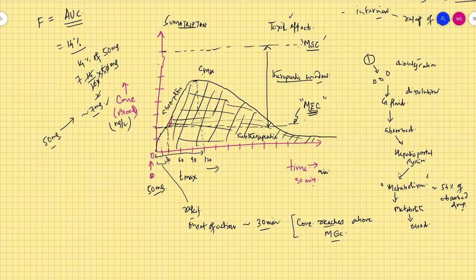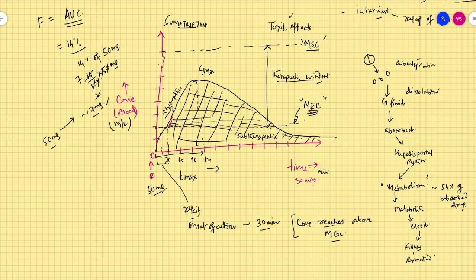Then we said that it is metabolized by the liver, and the metabolite goes into the blood, and through the blood it goes into the kidney, and the kidney filters it and it is excreted. Okay, so as the drug is increasing in concentration, it is also undergoing elimination. So it is being removed from the body. That is why the concentration begins to reduce.